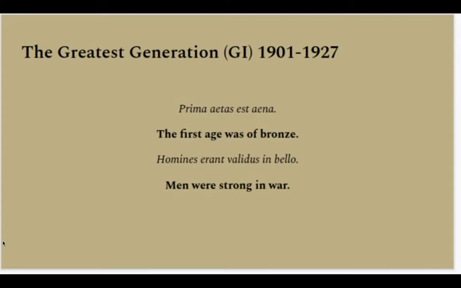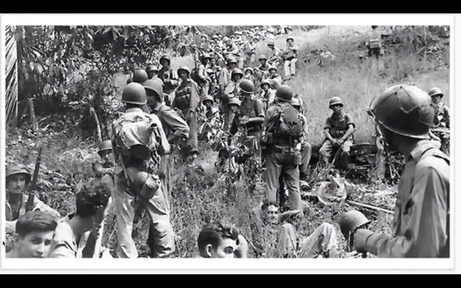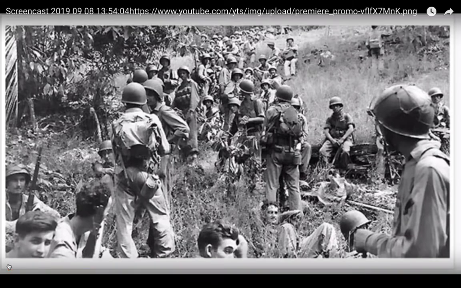The first age was of bronze. The men were strong in war. For this one, I decided that the generation that represents this age is the Greatest Generation, or the GI generation, which was born between 1901 and 1927. This generation lived through World War II and Pearl Harbor. Because of this, most of them were thrown into war, which reminded me of how the Bronze Age perished in battle. They were also very strong mentally, although physically they must have been as well. Sadly, most of them suffered from PTSD after the war, and once again, like the Bronze Age, perished in war.